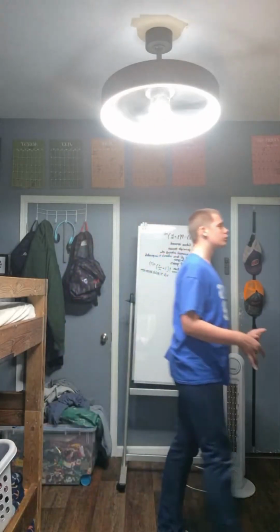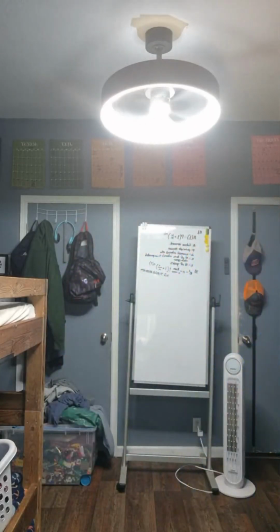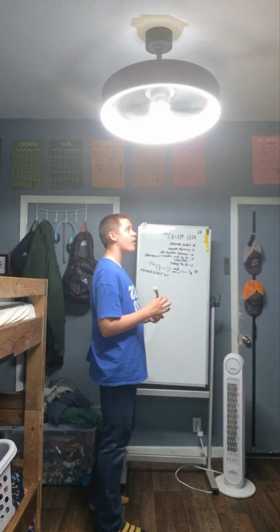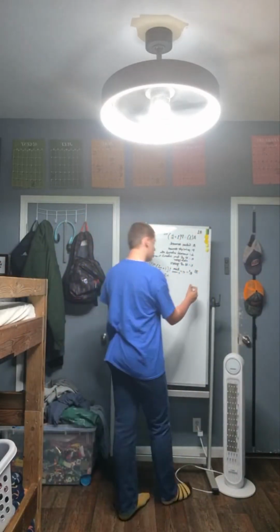And speaking of which, here is the last section. Section 10. It's already 1:10, so I think we have enough time. And this last one is the derivative of exponential functions.